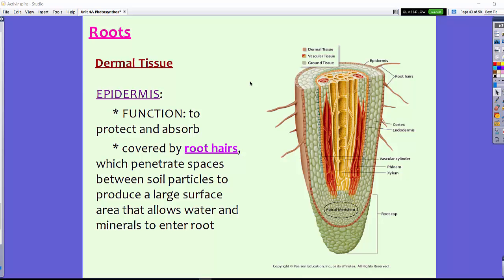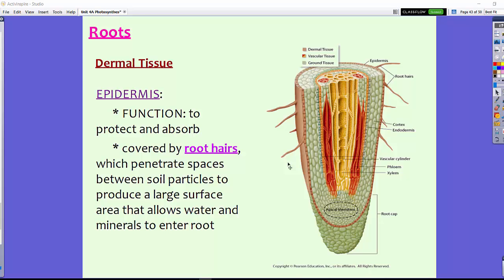Now this epidermis is covered in root hairs, as you can see here in the picture. It has these little tiny hairs. Now these hairs actually penetrate the spaces between soil particles, and this way it can produce a lot of surface area that allows water and minerals to enter the root. So it's kind of like when you start to shiver, you get little goosebumps, and that's because your body is trying to have more surface area to get warmer.